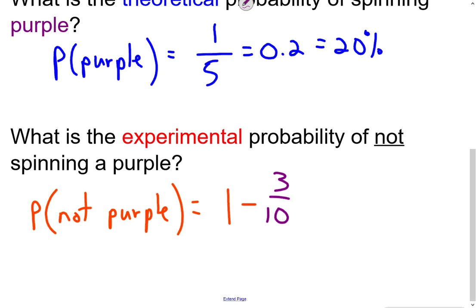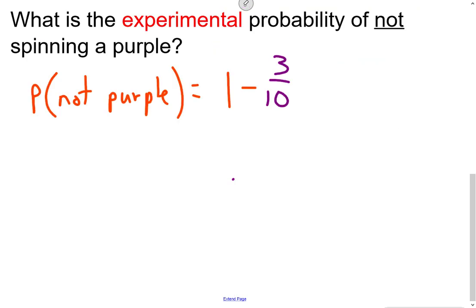If I take 1 minus 3/10, I need a little fraction work here. The common denominator is going to be 10, so 1 turns into 10 over 10 minus 3/10 comes out to be 7/10, which would be the probability of not getting purple.